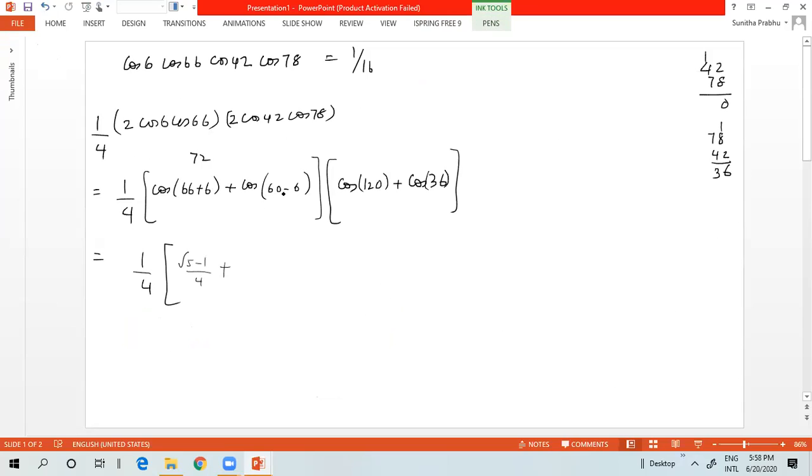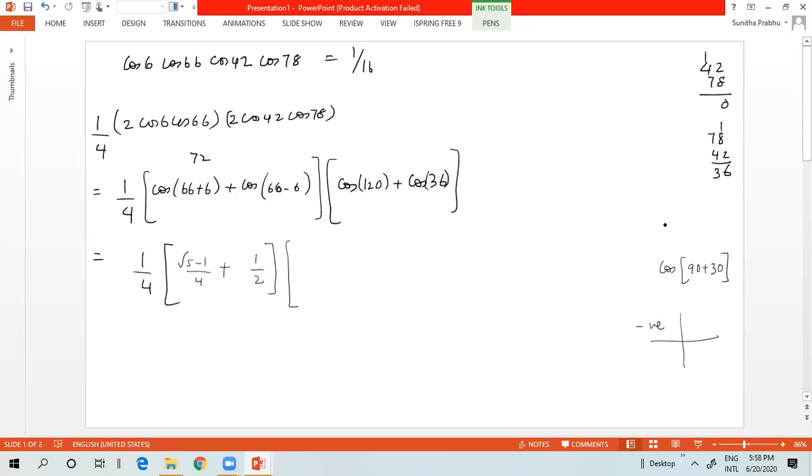This is cos 60, since 66 minus 6 is cos 60. So that would be half. Into cos 120, which is minus half. Cos 120 is cos of 90 plus 30. 90 plus 30 is second quadrant, and in the second quadrant cos is negative.